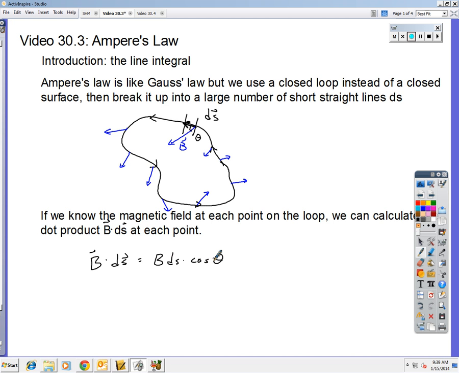If the magnetic field happens to point in the same direction as the loop, and we want it to, then B dot ds just becomes the scalar B ds because cosine 0 is equal to 1. And the idea is you'll add up all of those B ds's. What I want you to understand about the line integral is that we are almost never going to evaluate it as an actual integral, but you need to understand what's going on when we use Ampere's law.